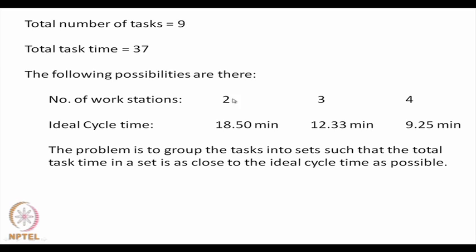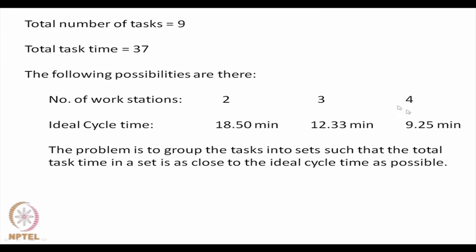If we go for 2 stations, every station can have something like 18.5 minutes, but we need something between 12 to 15. If you go for 3 workstations, then it is 12.33 minutes, and if you go for 4 workstations, it is something like 9.25 minutes.